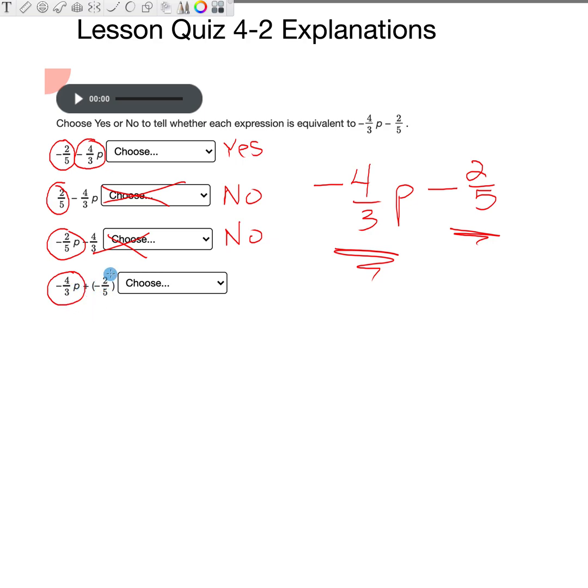Adding a negative 2/5 is exactly the same as subtracting 2/5. So this one is a yes because it has a negative 4/3 p, which is what the original had, and then adding a negative 2/5 is the exact same thing as subtracting 2/5.